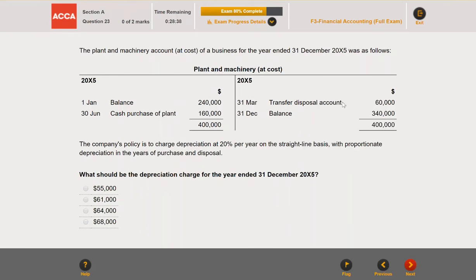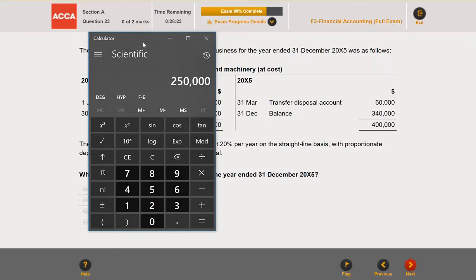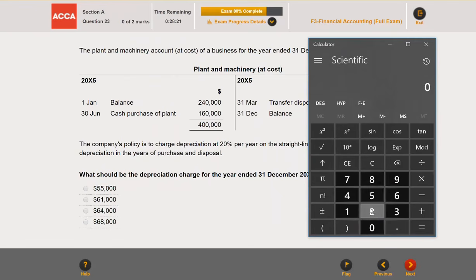This is one method, and another method is looking at the balance on the account for months. So let's look at the first one. So if we take 240,000 multiply by 0.20, full year depreciation equals 48,000.